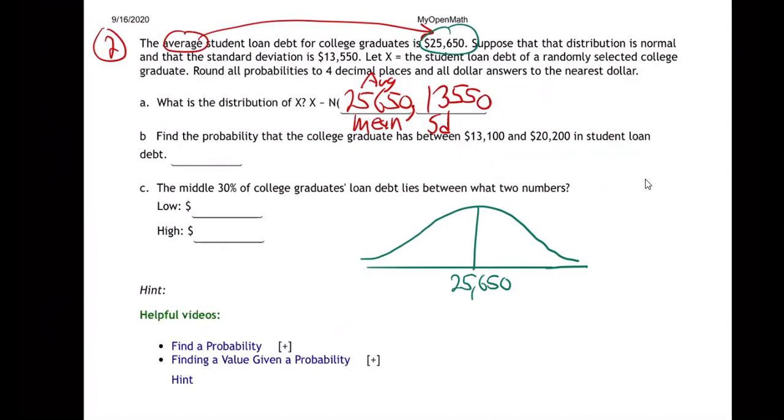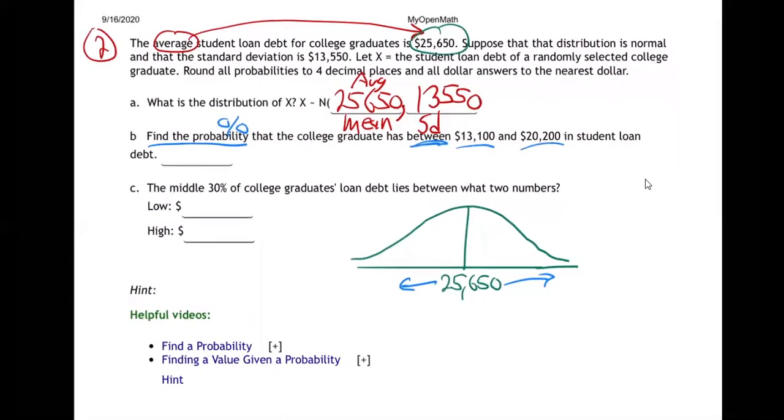Now, what is it they're asking me for? Let's go to the question. They're asking me to find the probability, which is the percentage, between 13,100 and 20,200. Now, are those two numbers to the right of the 25,000, or to the left? To the left, because they're smaller.